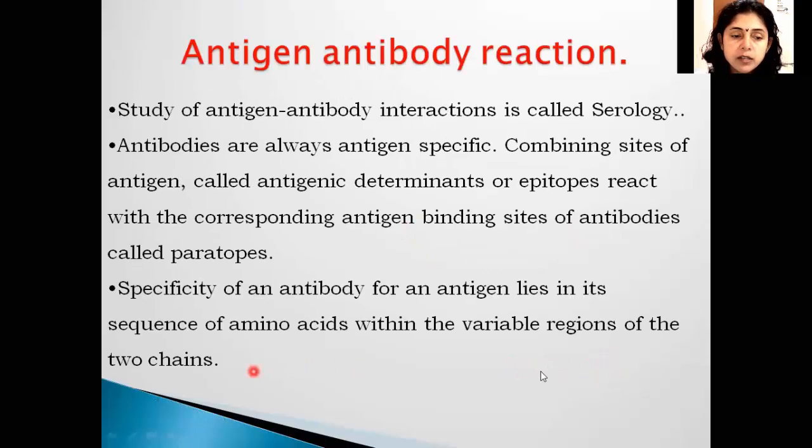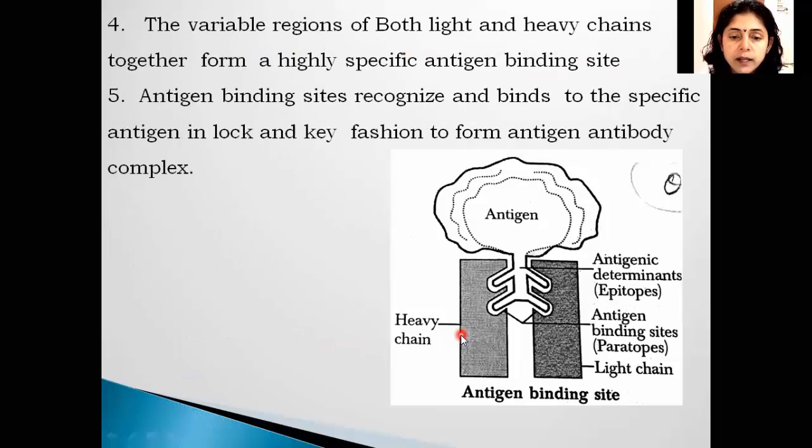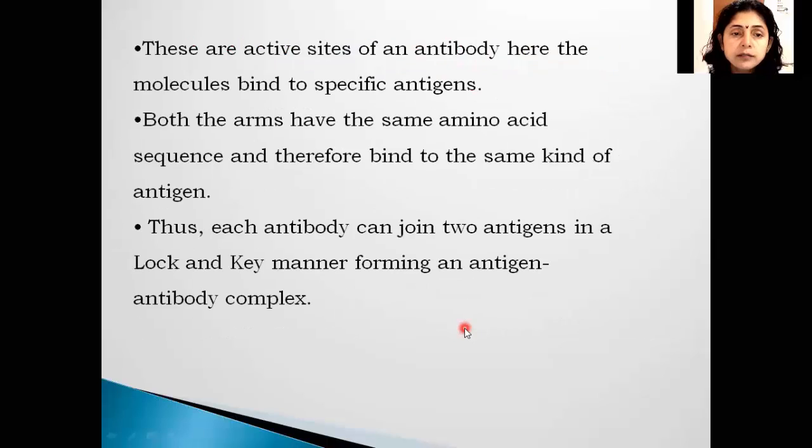So these variable regions we have seen, the specificity of the antibody for an antigen lies in a sequence of amino acids. So in variable region there is the particular sequence of amino acids. Then these are the active sites of an antibody. Here the molecule binds to specific antigens.